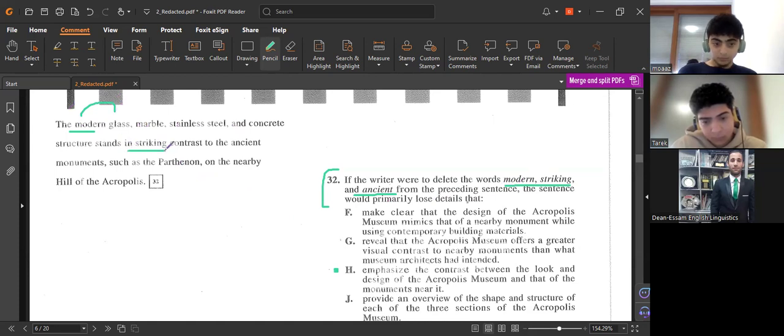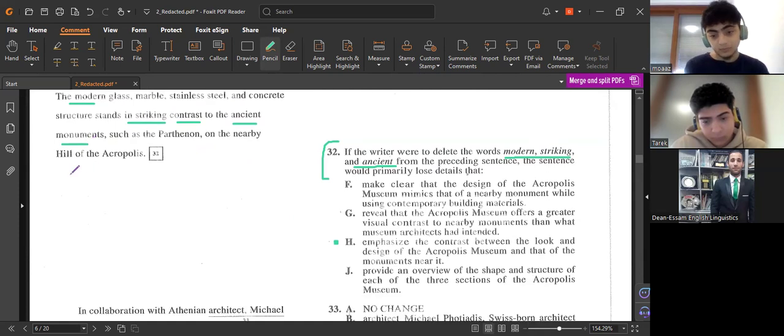If you delete striking, you will lose the adjective of contrast. Imagine. And if you delete ancient, you will delete an adjective for the monuments. We will lose already. But what will we lose? He said here, to emphasize the contrast between the look and the design and that of the monuments.